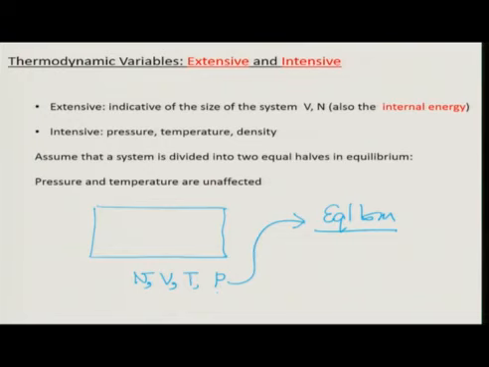Now, if I divide it into two halves, what is the volume? V by 2, V by 2. Okay? Now, volume is halved. What happens to number of particles? I am assuming the system is divided into two equal halves in equilibrium. So, whatever equilibrium was there before I made this division, that equilibrium is maintained.